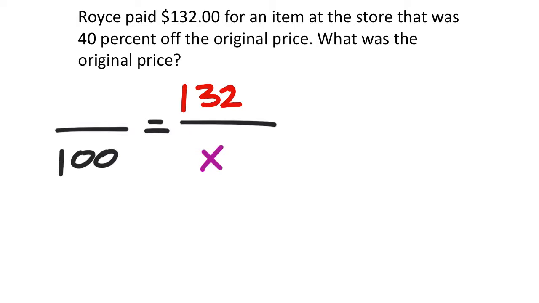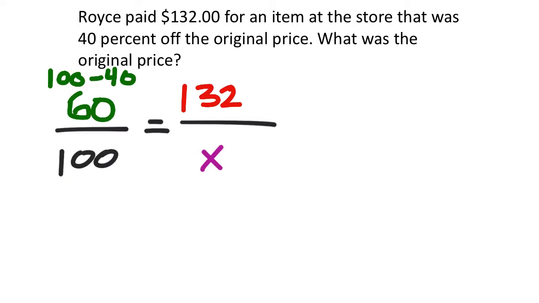Well, that doesn't mean that $132 is 40% of the original. 132 is 40% off of the original, which means that the original, which was 100%, 132 is 40% off. So I needed to subtract 40 from 100, which means that 132 bucks is 60% of the original price. Okay, so you have to be careful with the way these are worded and setting up your proportions, all right?